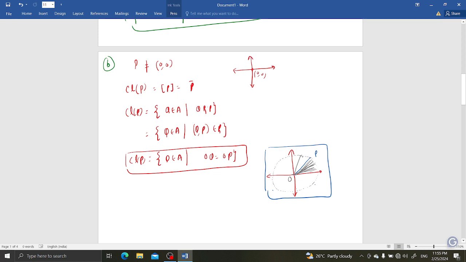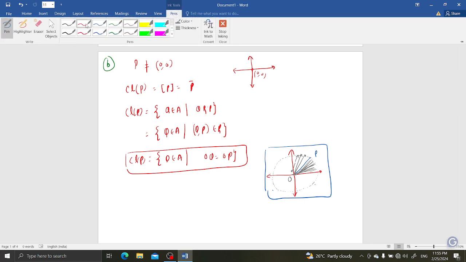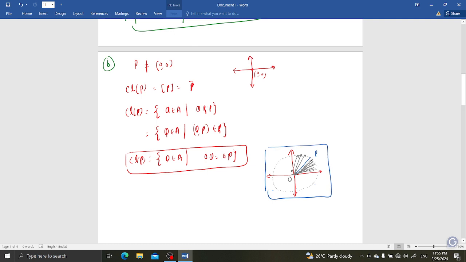Why so? Because this distance and this distance have to be the same, both are the same.